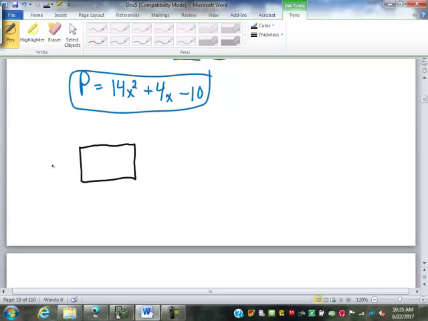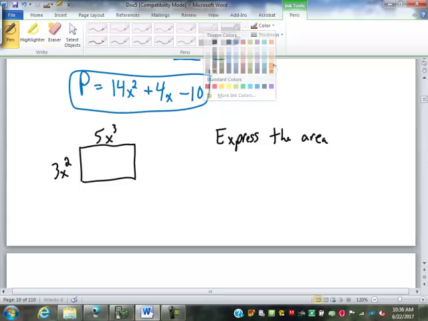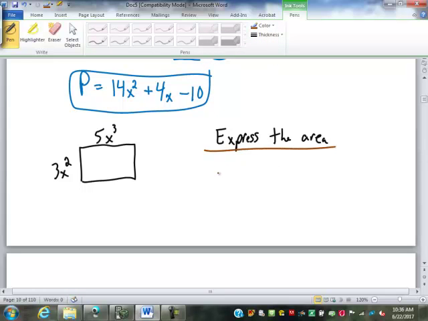We might have 3x squared by 5x to the third. And I might ask you to express the area. What's our formula for area?